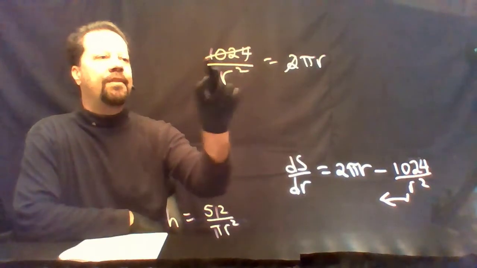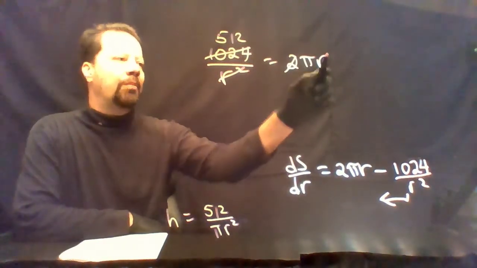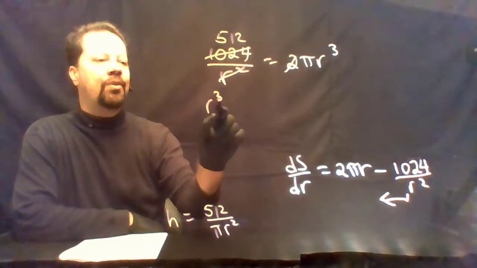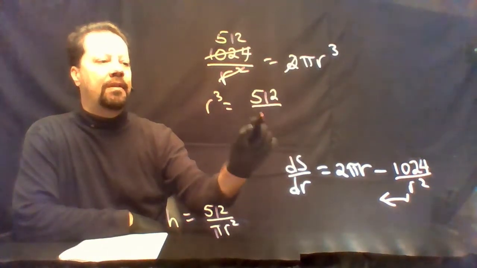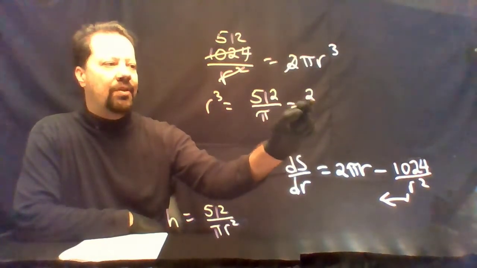We can divide by 2, get our 512 back, multiply an r squared onto both sides and divide by pi. We'll have r cubed is 512 divided by pi. 512, by the way, is 2 to the power 9.